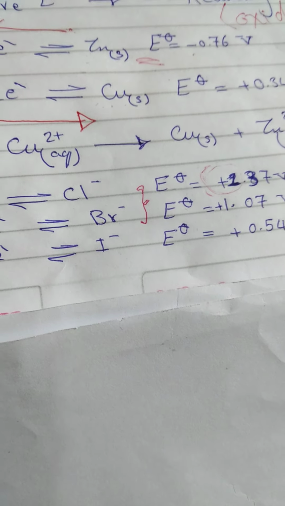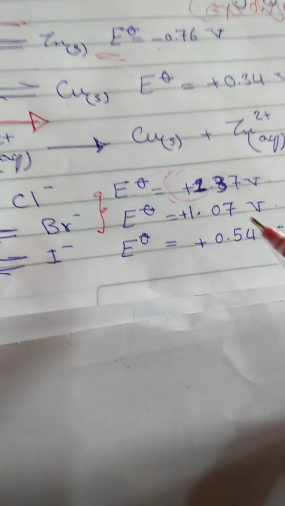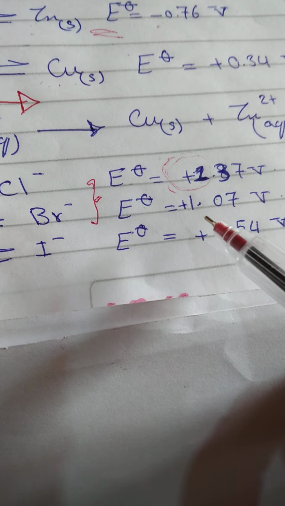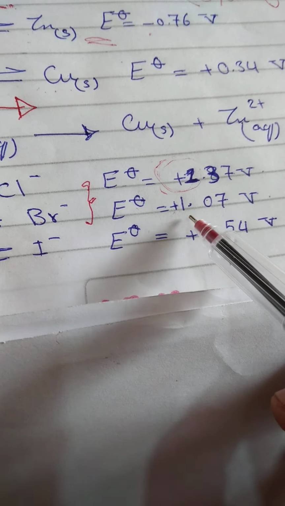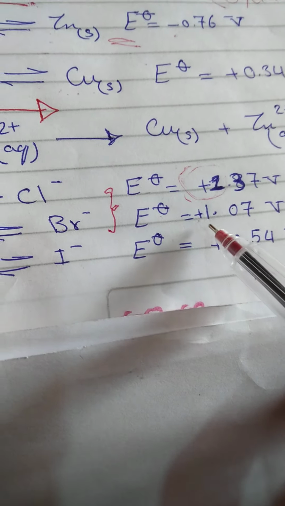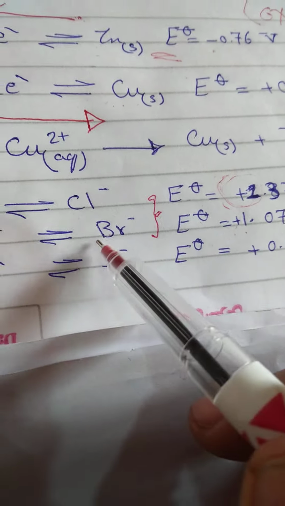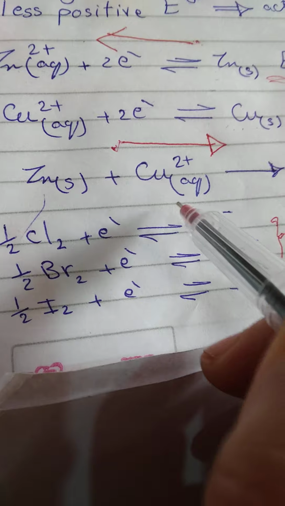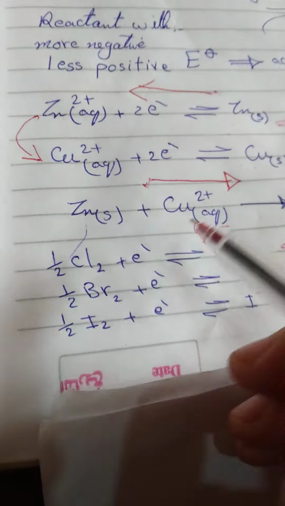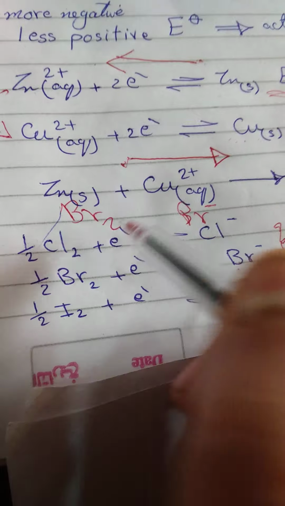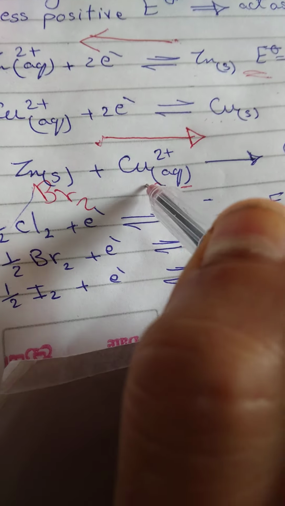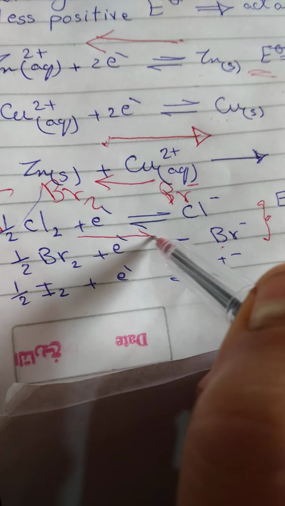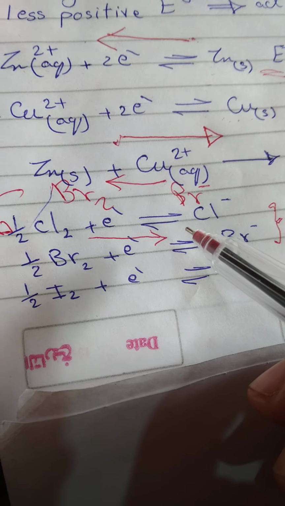Once again, if we use these two half cells, or these two systems, chlorine and bromine, let's apply our rule as we said before. Which one is less positive or more negative? Here, 1.07. This is less positive. So in this system it tends to lose electrons. If we put it up here, bromide and bromine, and then draw our anti-clockwise arrows, what reaction will happen here?